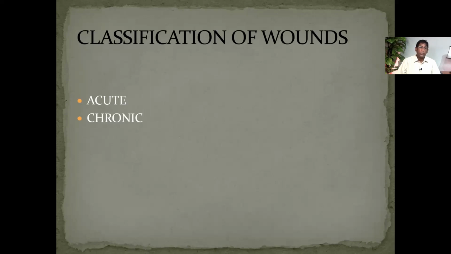But in chronic wounds, there is no sequence; everything happens together. There will be destruction, degradation, new cell formation, and synthesis of matrix proteins, everything occurring together. So there is no balance, and it continues as a chronic wound.